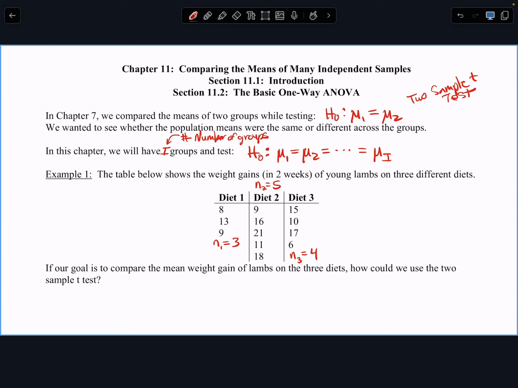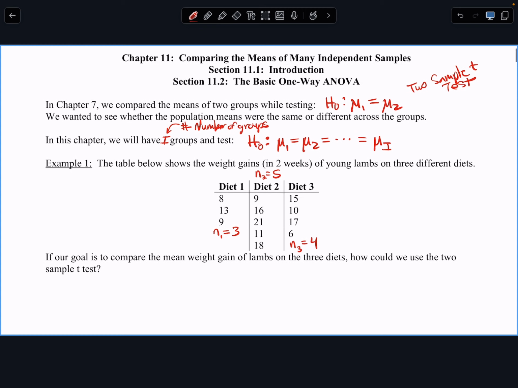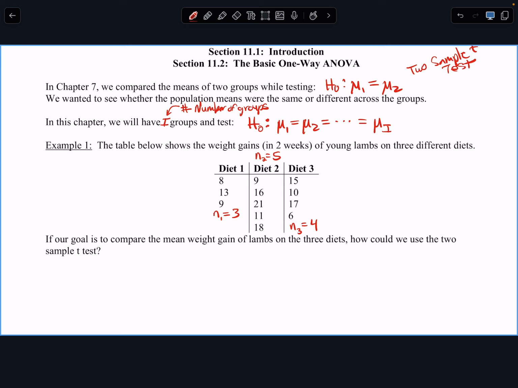And we have the actual quantitative variable values for each of those lambs. Now, it says if our goal is to compare the mean weight gain of lambs on the 3 diets, how can we use the 2 sample t-test to help us get there? Okay? How can we use this 2 sample t-test to determine if the means are different, even though we have 3 groups instead of 2?